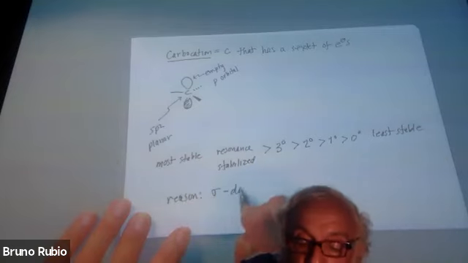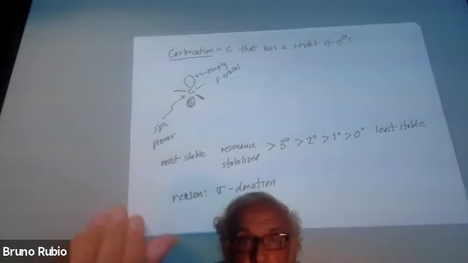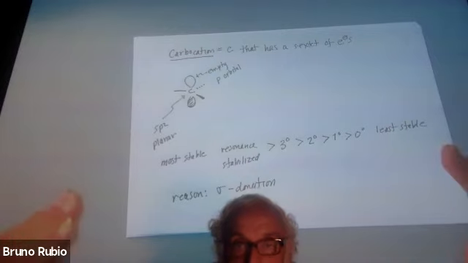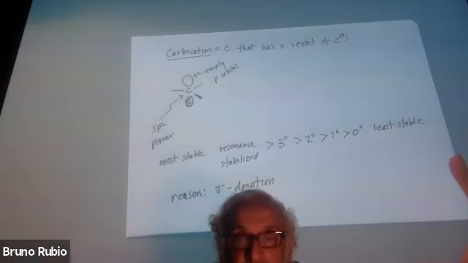Sigma donation. The additional alkyl groups donate electrons to that empty p orbital, reducing its electron deficiency, and that's what stabilizes it.